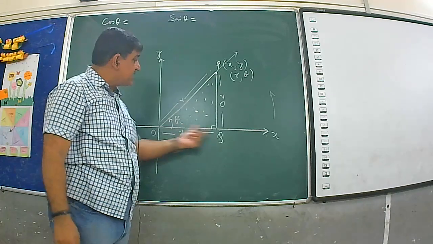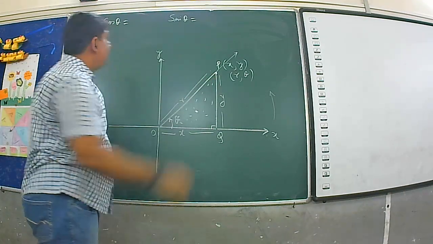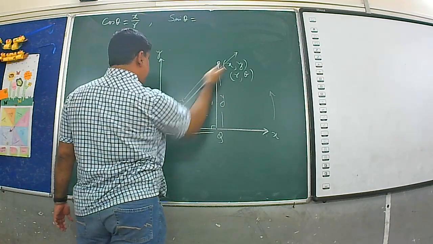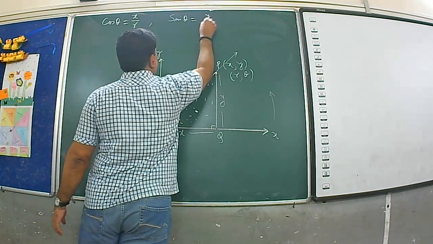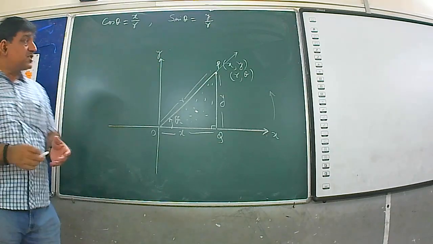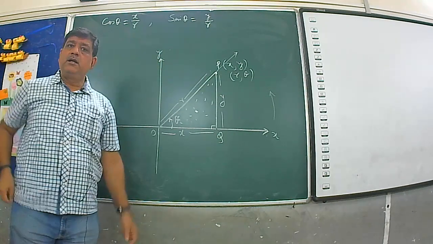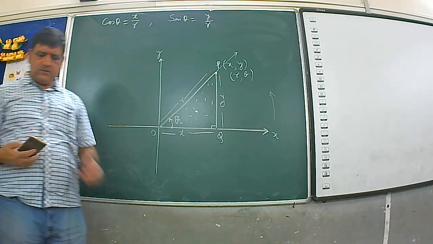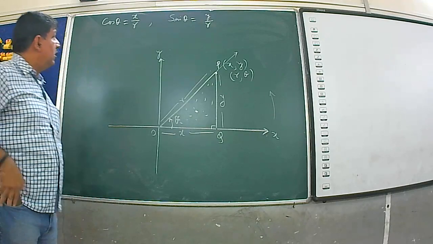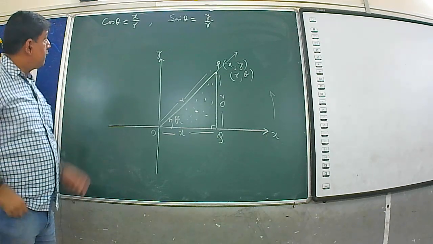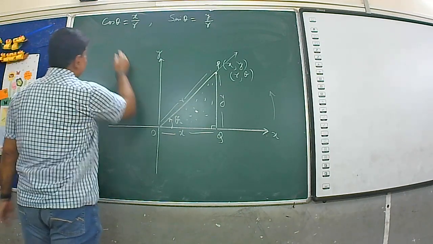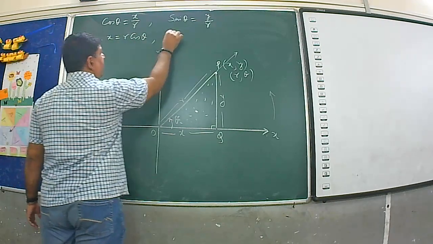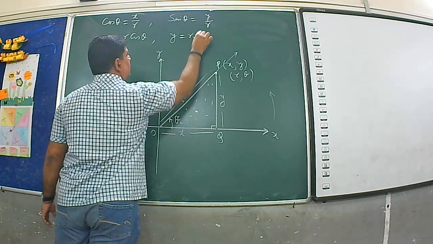Cos theta is base by hypotenuse, so it should be x by r. And sine theta is perpendicular by hypotenuse, so it should be y by r. So x by r, y by r are the values of cos theta and sine theta. Now, if we cross multiply here, what we will get? Therefore, x is equal to r cos theta and y is equal to r sine theta.